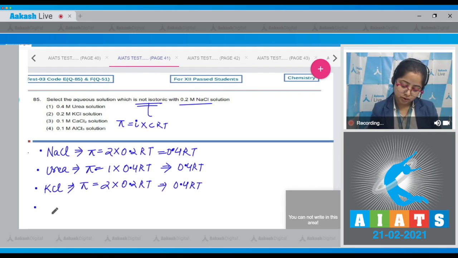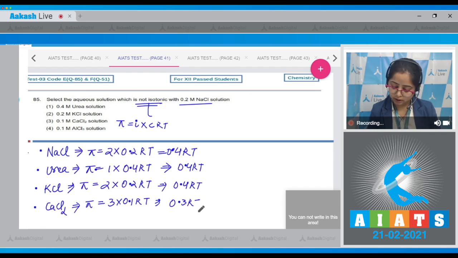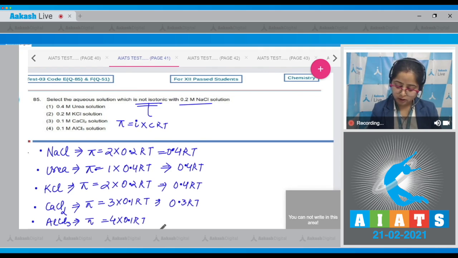Moving to the next solution, CaCl2. Pi is equals to, i for CaCl2 is 3 multiplied by 0.1 RT, which is equals to 0.3 RT. Moving to the last solution, AlCl3. Here pi is equals to iCRT. i for AlCl3 is 4 multiplied by 0.1 RT, which is equals to 0.4 RT.